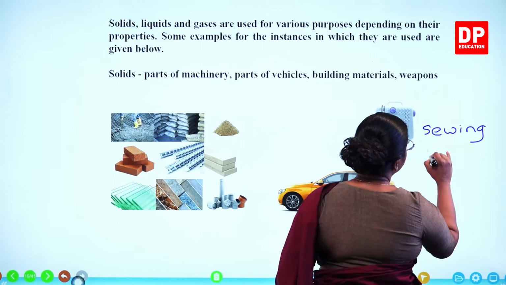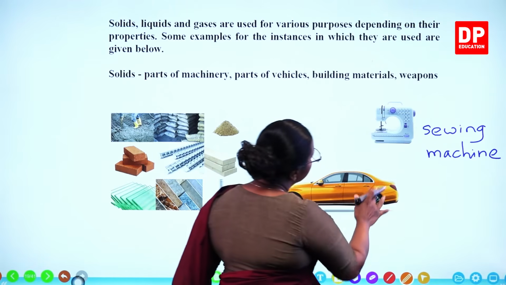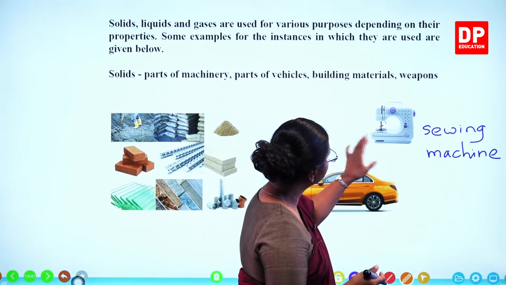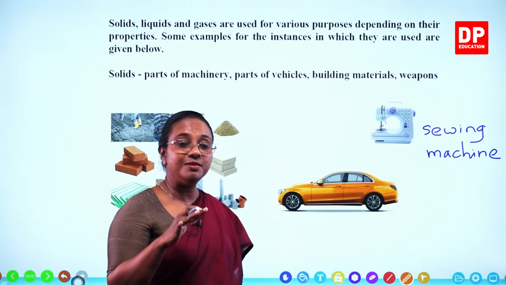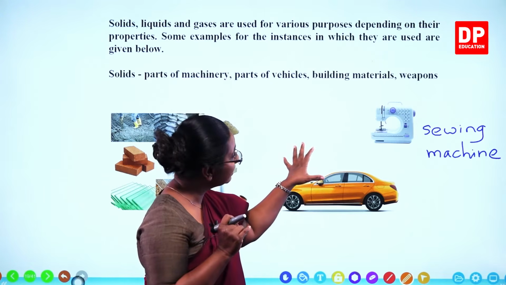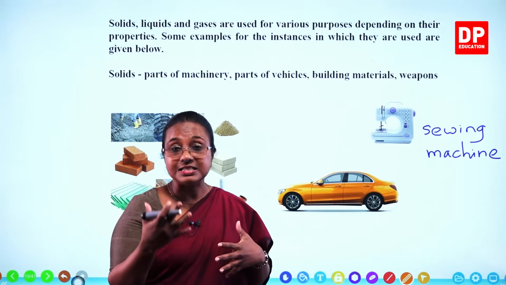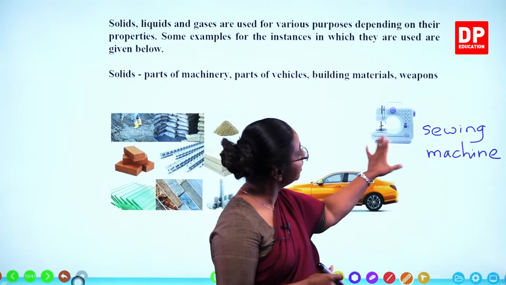In this sewing machine, there are so many different parts that also have different properties. You can see a plastic cover there. Then the needle and the sewing part of the machine are metal. Inside, there is also a mechanism that is working, which is again made up of metals and has different properties from the covering.